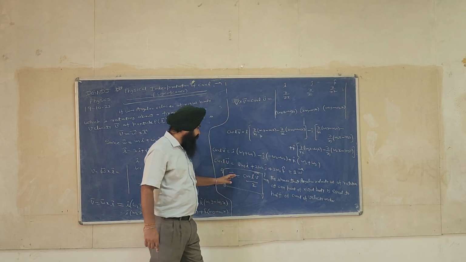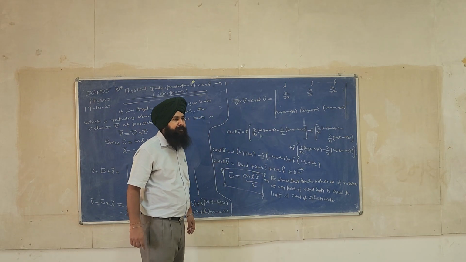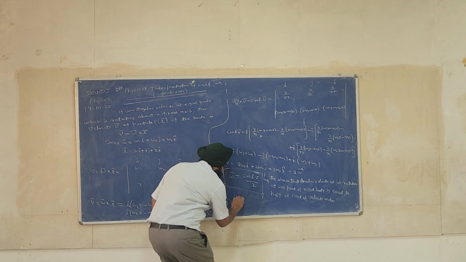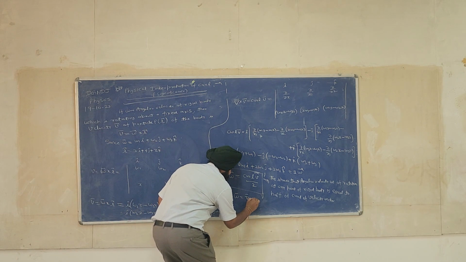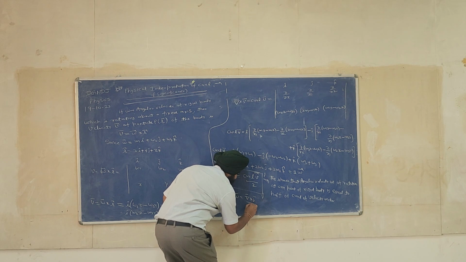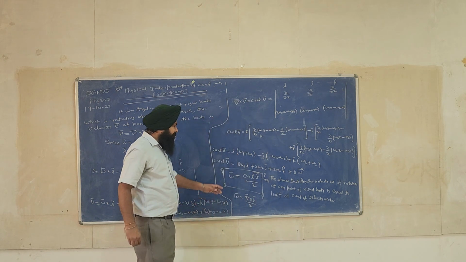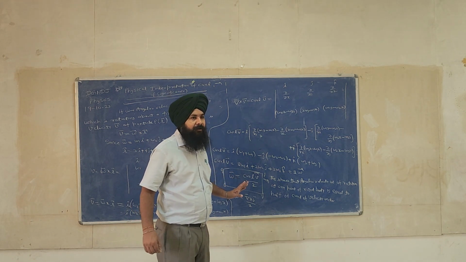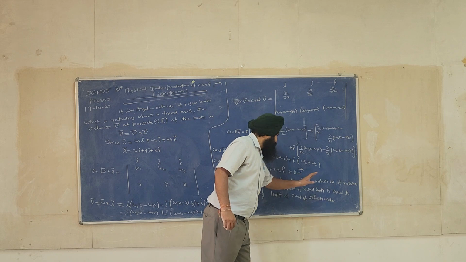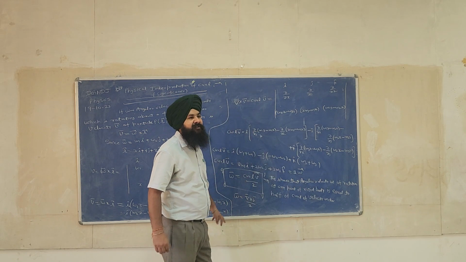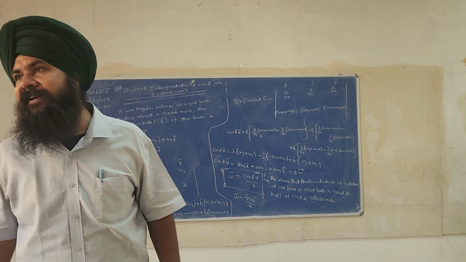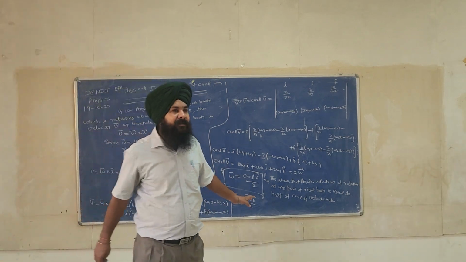So it means omega is equal to curl v upon 2. I can write it like this also: omega is equal to del cross v divided by 2. So curl v gives us the angular velocity, which is equal to half of the curl of the velocity vector. What do we get from this?